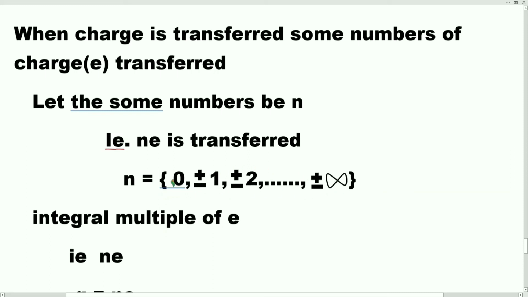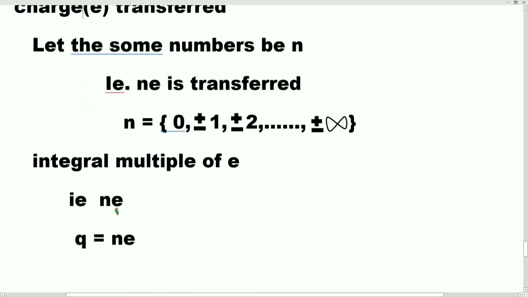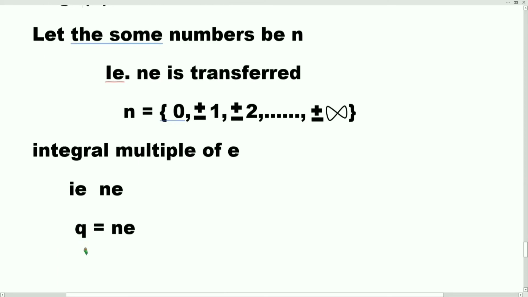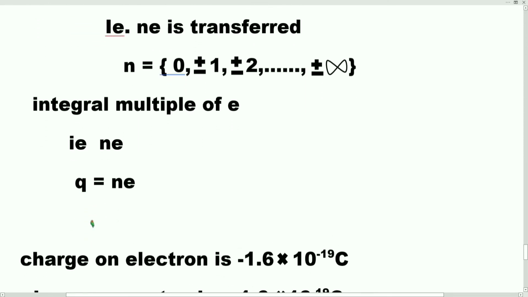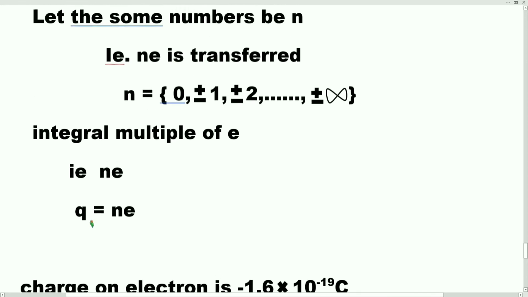The number n can be written as an integral multiple of e, that is ne, which gives the charge on any object. Therefore, quantization of charge means the amount of charge Q on an object is equal to an integral multiple of the fundamental unit of charge e.